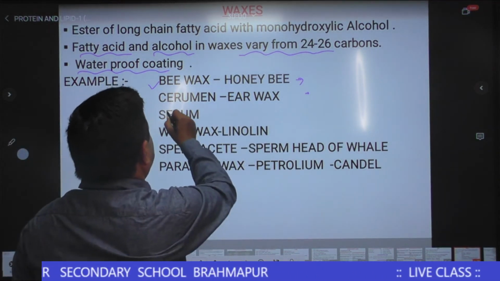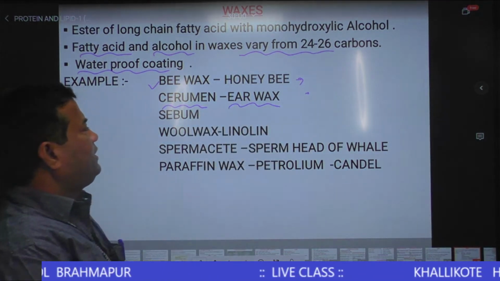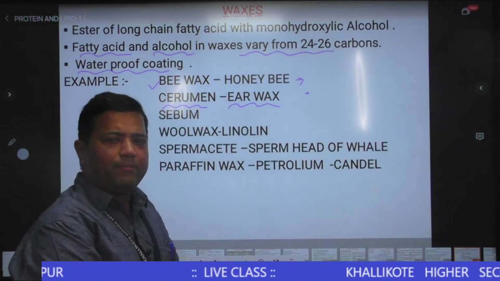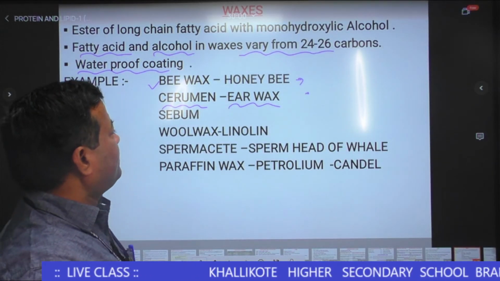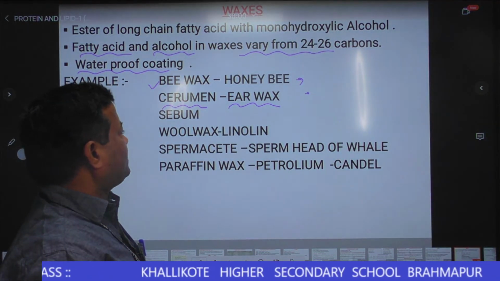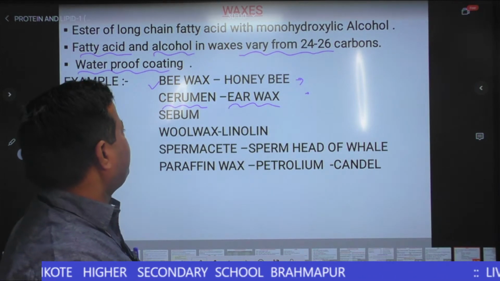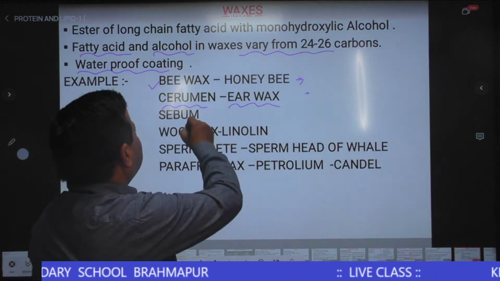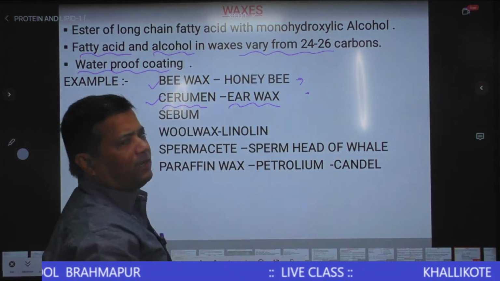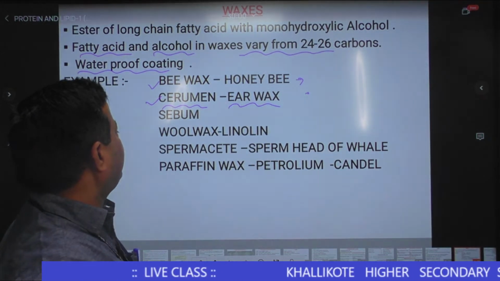Similarly, another is cerumen. Cerumen means earwax. It is a fatty substance secreted from the external auditory gland of the ear, deposited in the form of a waxy substance that is called cerumen, specially found in animal ears as well as human beings.